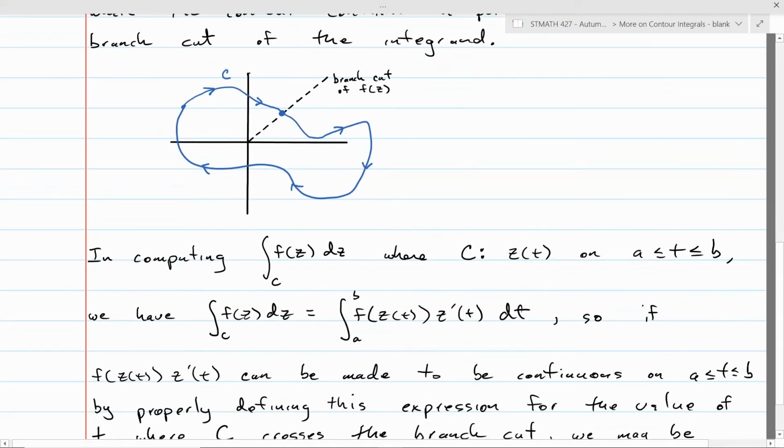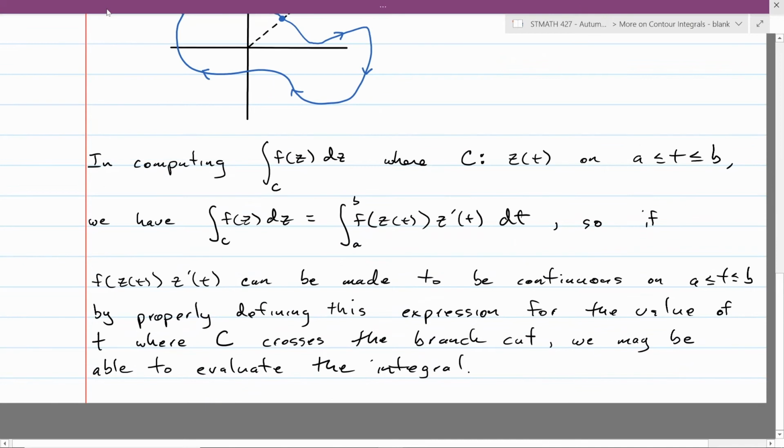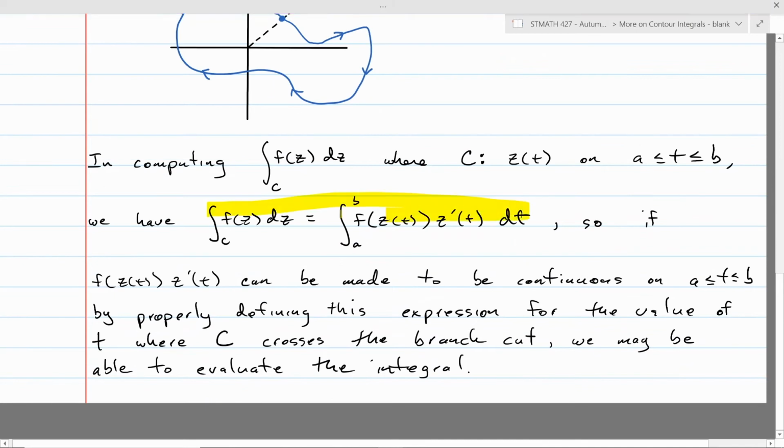What it comes down to is the definition of contour integral here in yellow. For the contour, you have to have some parametrization of the curve, and you essentially just substitute in place of z the parametrization of the curve into the integral, and then use the limits of integration that are just the limits of the parameter for the parametrization.